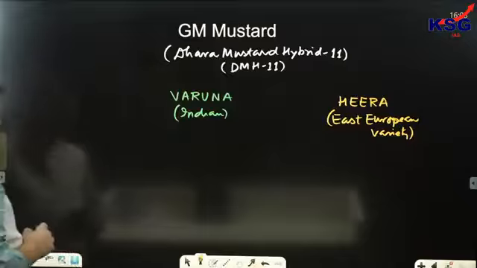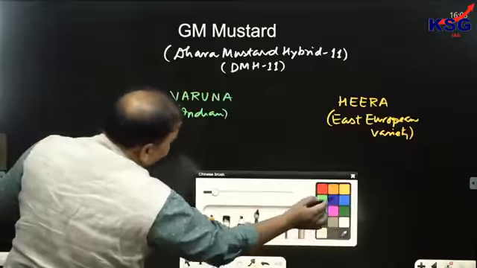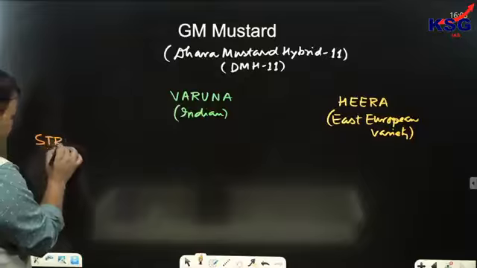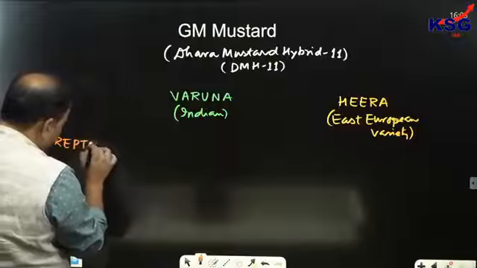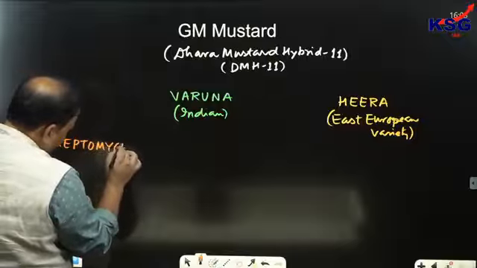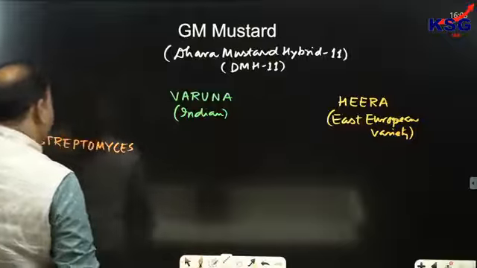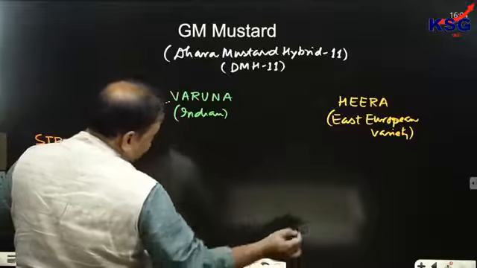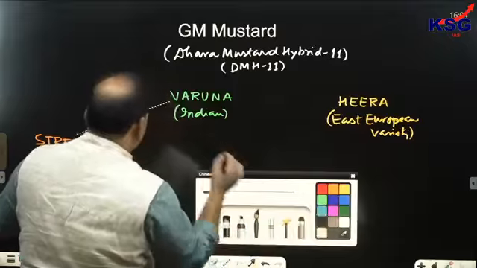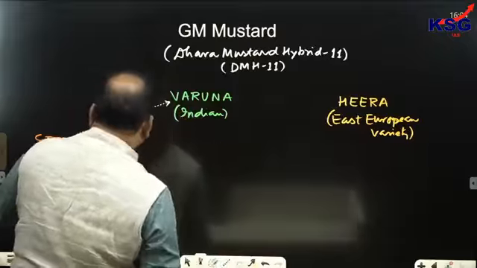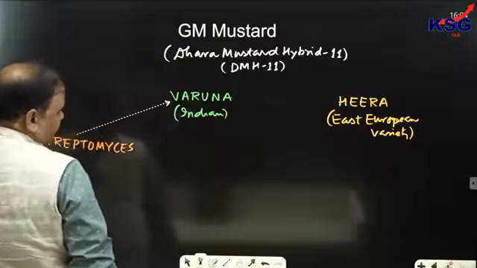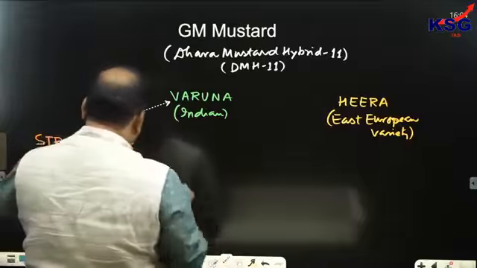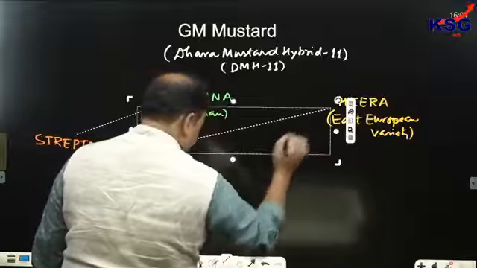And then they took a bacterium, and this bacterium is called Streptomyces. With the help of this bacterium, they first of all transferred a gene from Streptomyces to Varuna, and also a gene from Streptomyces to Heera.